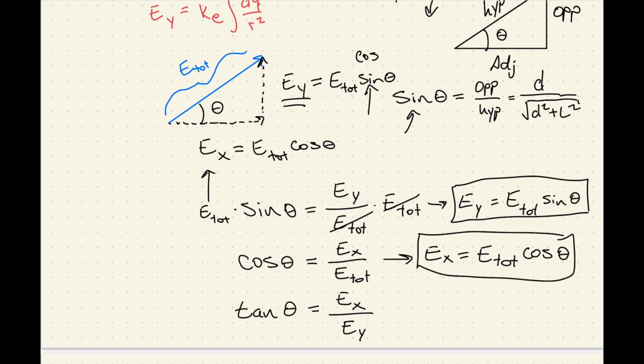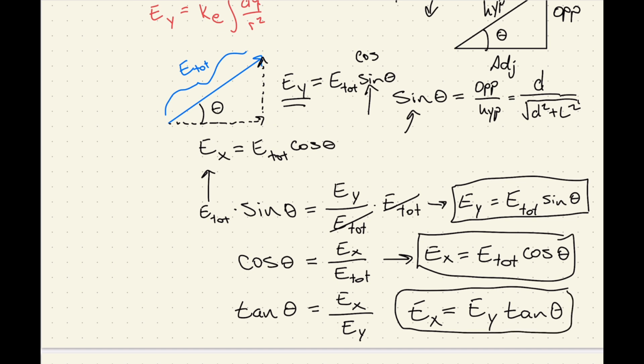And in this case, we can multiply both sides by EY, and we will get that EX is equal to tangent theta times EY. Let me write it the same way as the other ones. This one is not too much used. It's used if you want to find the angle theta and you're only given the X and the Y legs.